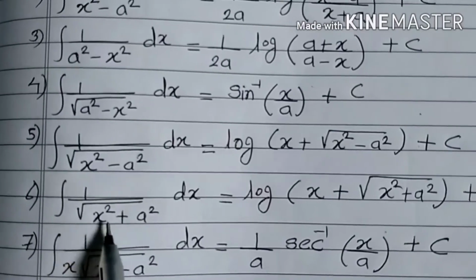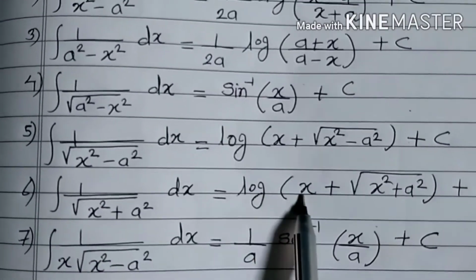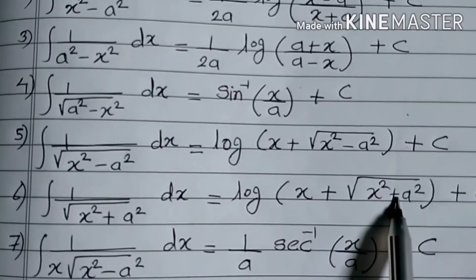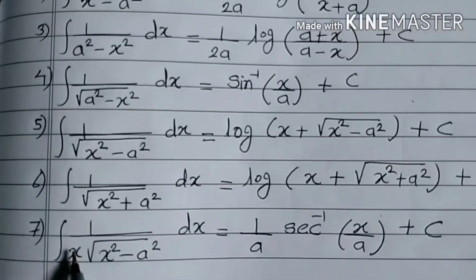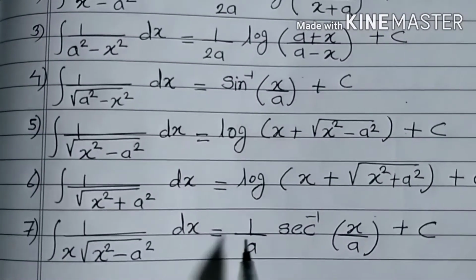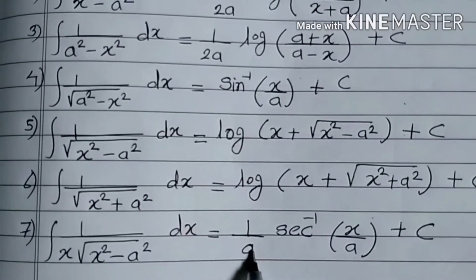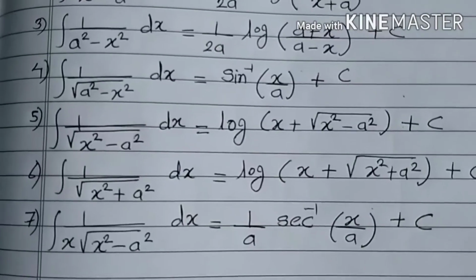Next, 1 upon under root of x square plus a square is log x plus under root of x square plus a square plus c. And last, integration of 1 upon x under root of x square minus a square dx, which is equal to 1 upon a sec inverse x upon a plus c.